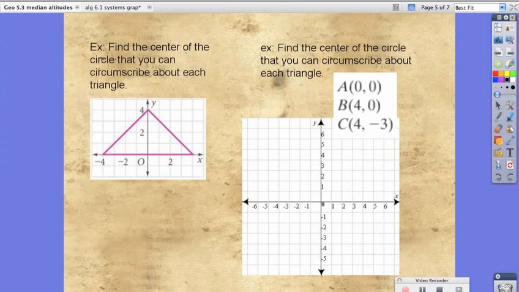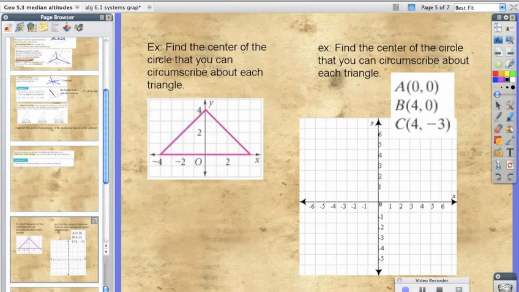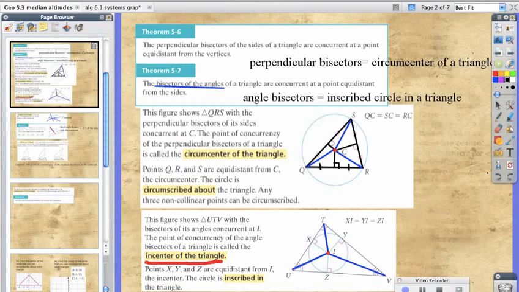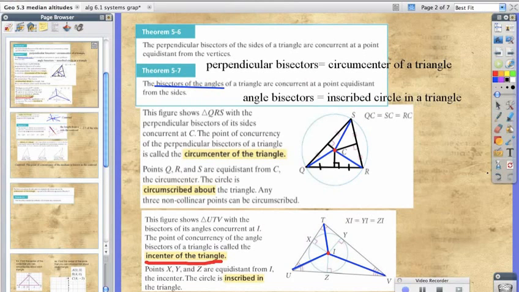Here, in example 1, it says find the center of a circle that you can circumscribe about each triangle. So if you're paying attention to the notes we did earlier, circumscribed triangles come from the perpendicular bisectors.